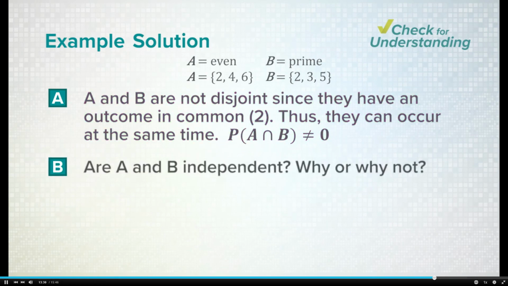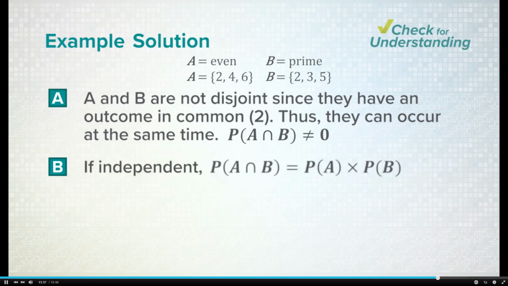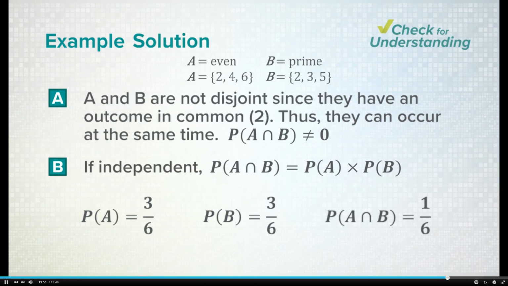In part B, are the events independent? If the events were independent, then we know the probability of A and B equals the probability of A times the probability of B. Well, the probability of A is 3 out of 6. The probability of B is also 3 out of 6. And the probability of A and B is 1 out of 6.